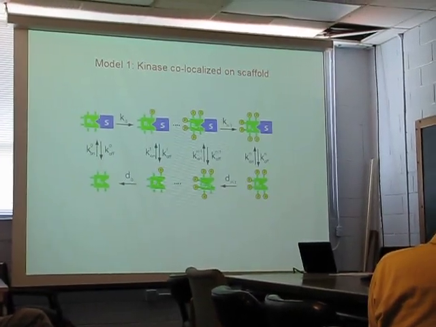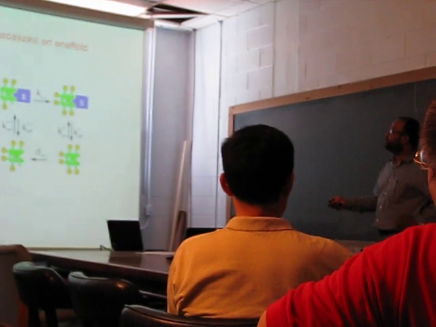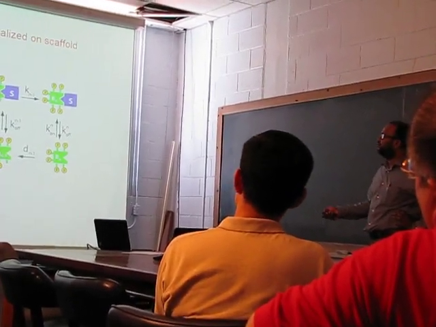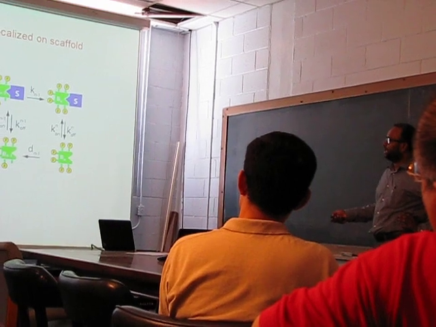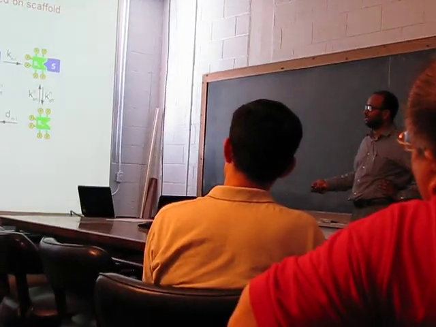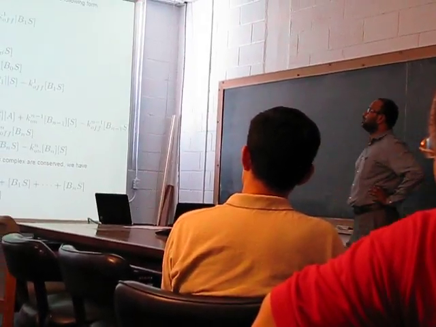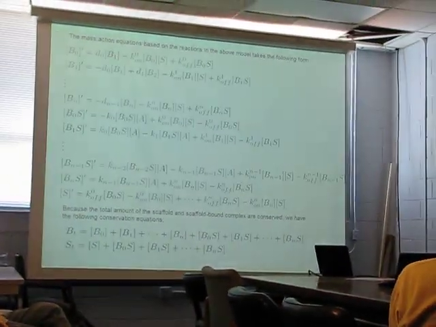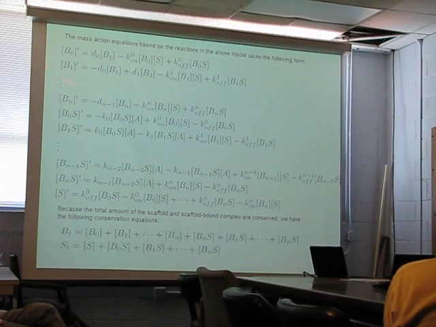This is the model where the phosphorylation is happening in the scaffold-bound protein, and dephosphorylation is happening in the protein by itself without the scaffold. If I consider all the reactions happening in that model, we'll end up with the time derivatives.